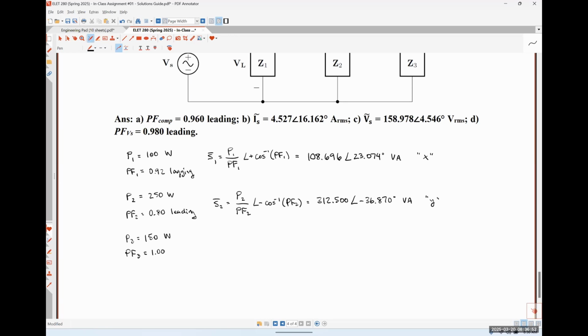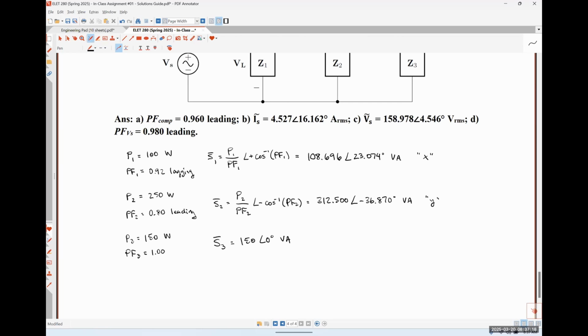So what does it mean when our power factor is 1? The average power and the apparent power are literally the exact same thing, okay? So instead of going through the math here, anytime I have a unity power factor, I can literally just say that I'm going to have whatever power I'm told with an angle of 0 degrees.